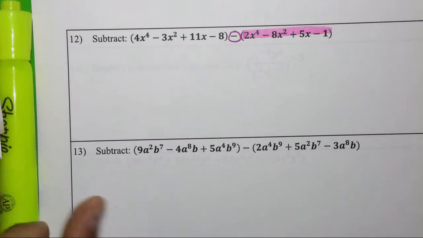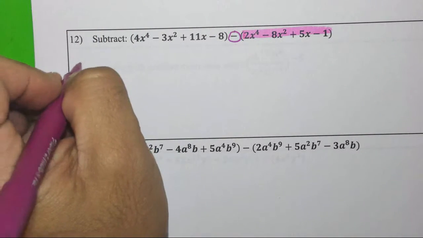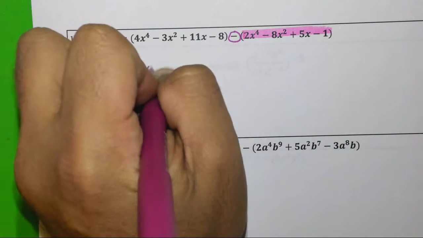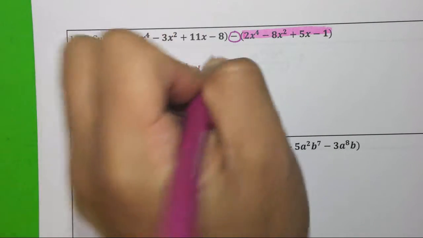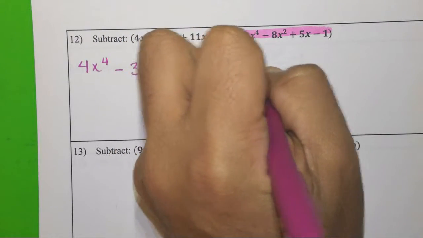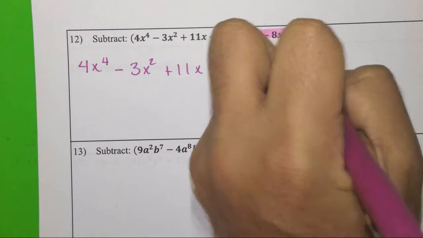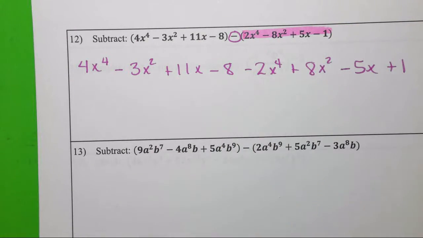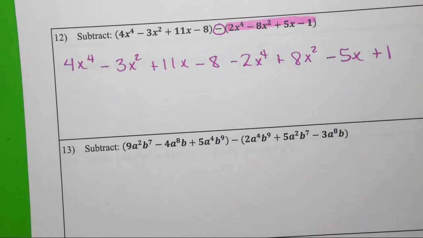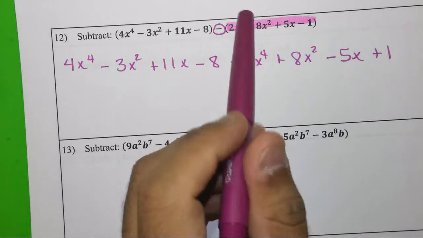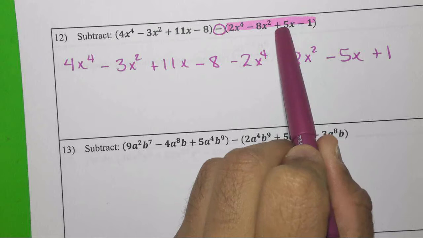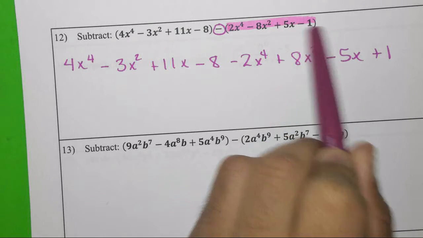So what you really have then is 4x to the fourth minus 3x squared plus 11x minus 8 minus 2x to the fourth plus 8x squared minus 5x plus 1. Let's see, this is positive here, so negative here, positive here, positive here, negative here, negative here, positive.